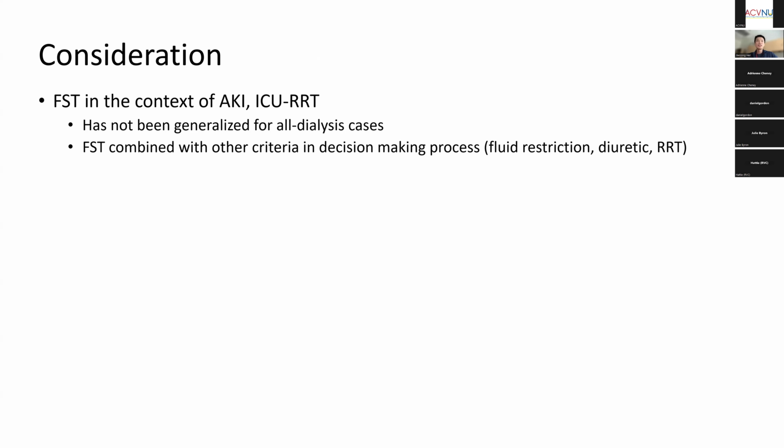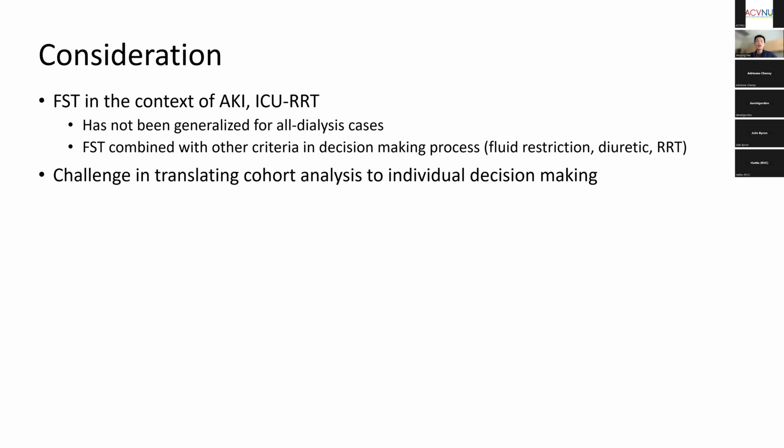FST has been combined with other criteria for the decision-making process. And I think this is always one of the challenges when I read these papers with cohort or group analysis: how that trickles down to individual decision making. It's always the interesting part.